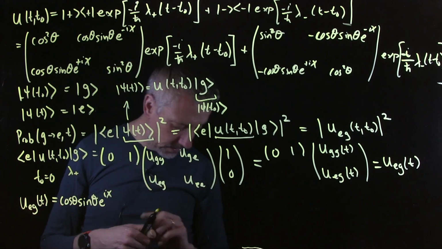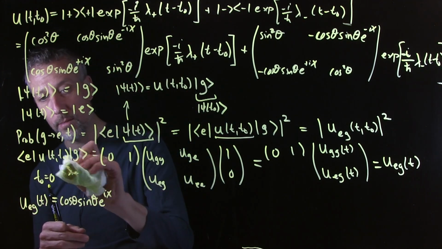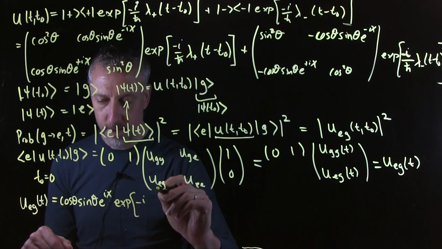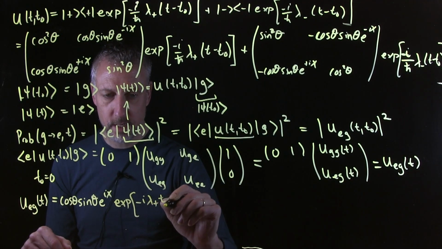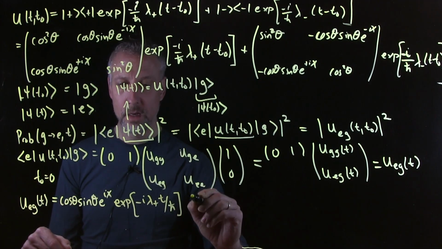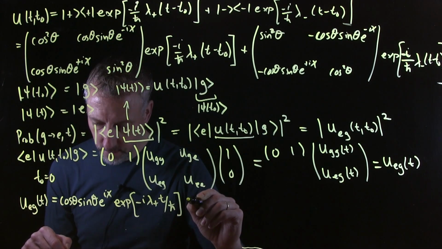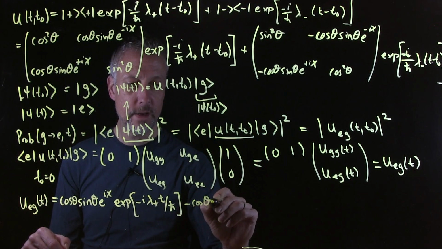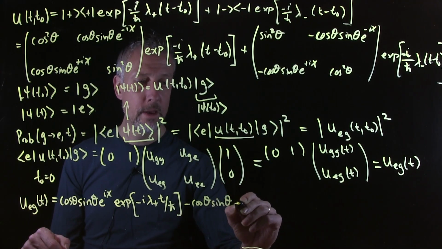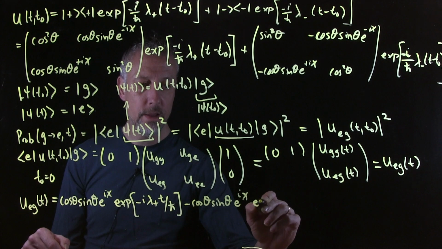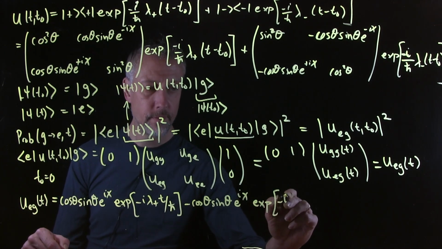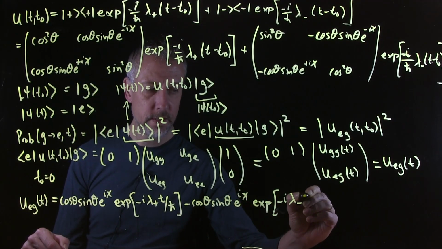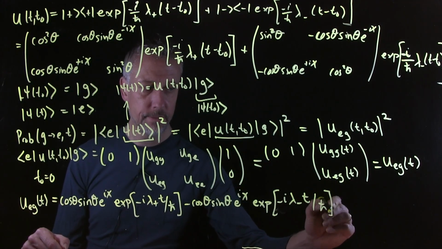I was going to make it a frequency to save me having to write H bar all the time. And the exponential part: minus I lambda plus T over H bar. Then we have the next term, which is the minus one, minus this one here, cosine theta sine theta e to the I chi, and then the exponential part, minus I lambda minus T over H bar.